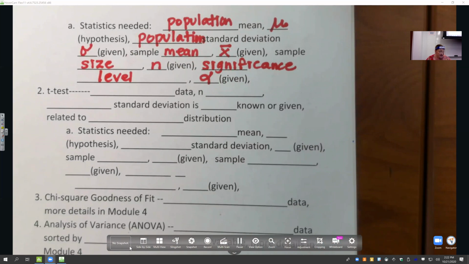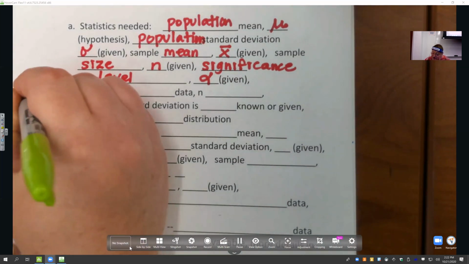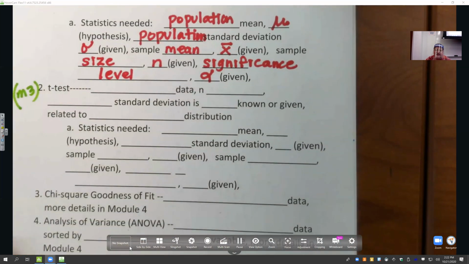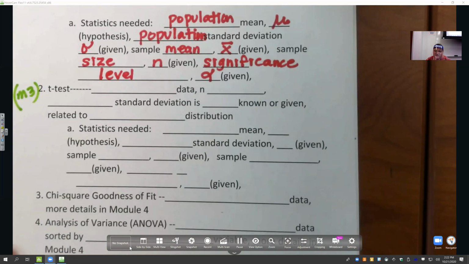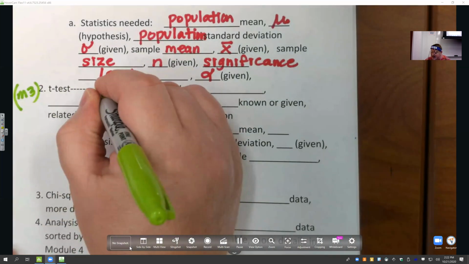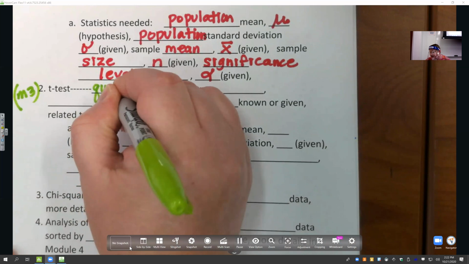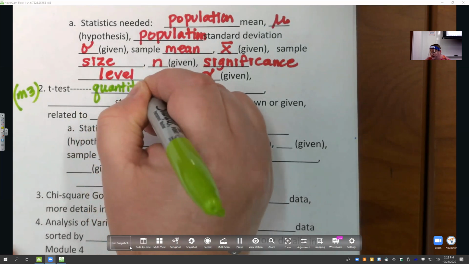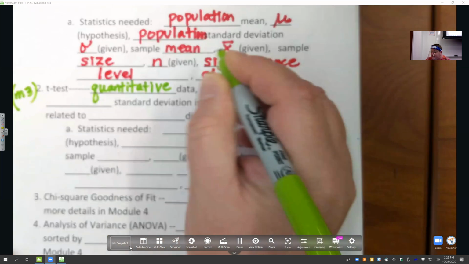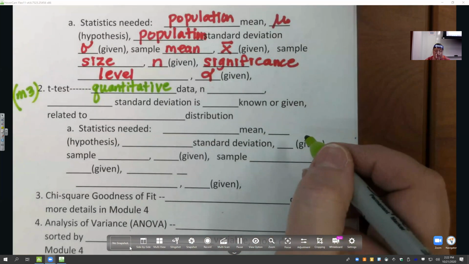The second one that we're going to talk about in Module 3, so this one is also in Module 3, is the t-test. Okay, t-test, again, deals with quantitative data. So you'll have numbers.